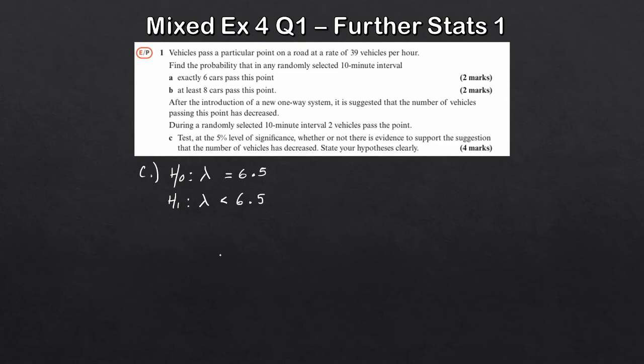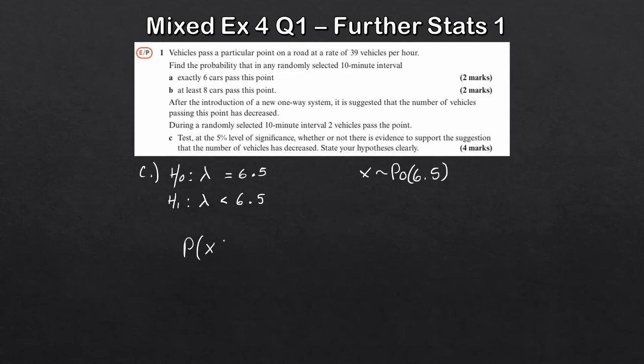So we're given a bit of evidence here. During a randomly selected 10-minute interval, 2 vehicles pass. So we need to work out that probability here of the Poisson distribution. The question is, how do you choose your inequality? So again, X is distributed by Poisson, 6.5. If we're testing that there's less than 6.5 here, we match the test to it.